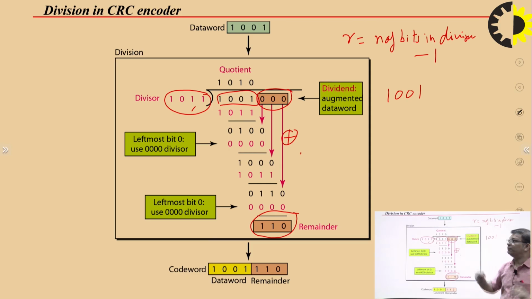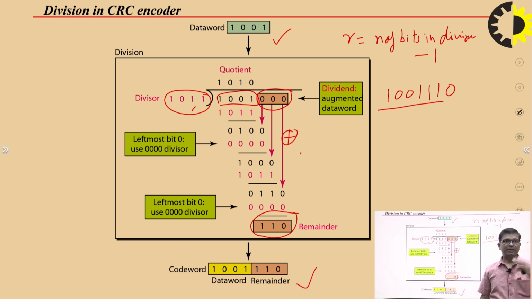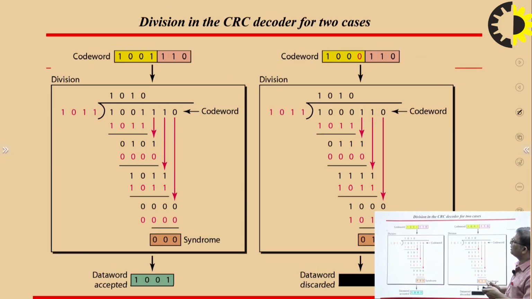This is the data word. You have applied some redundant bits and then found some remainder. The remainder you put along with the data. This is the code word. So this is the method of CRC, cyclic redundancy check. We will repeat it again in the next example.